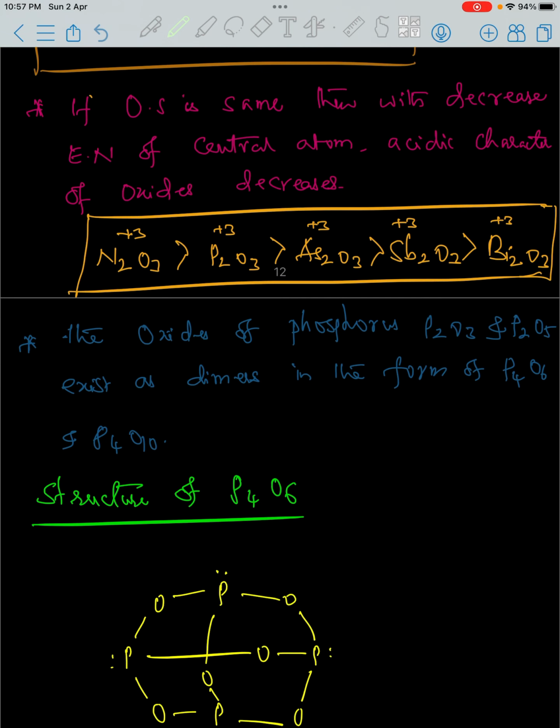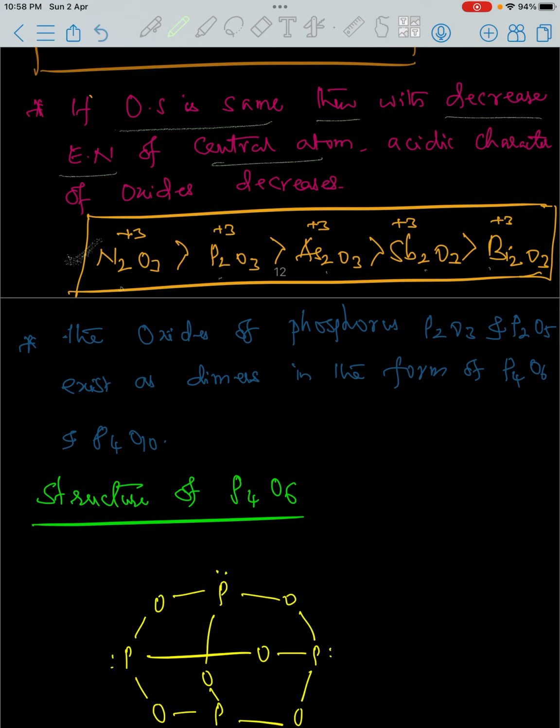If the oxidation state is the same, then with decreased electronegativity of the central atom, the acidic character of the oxide decreases. Nitrogen, phosphorus, arsenic, antimony, bismuth: down the group metallic character increases, so acidic strength decreases. Nitrogen is more non-metallic and more electronegative, so oxides of nitrogen are more acidic.